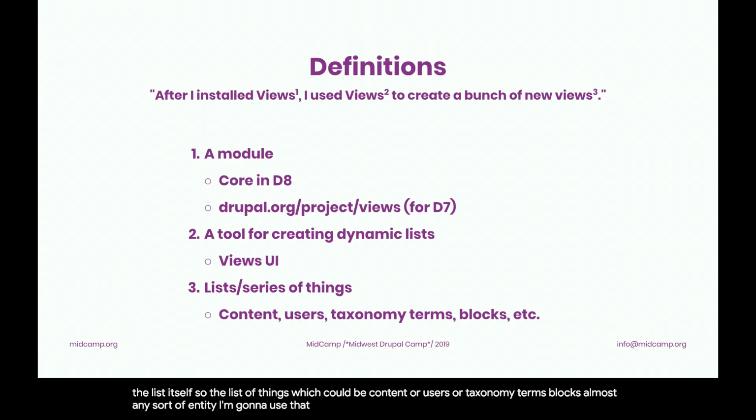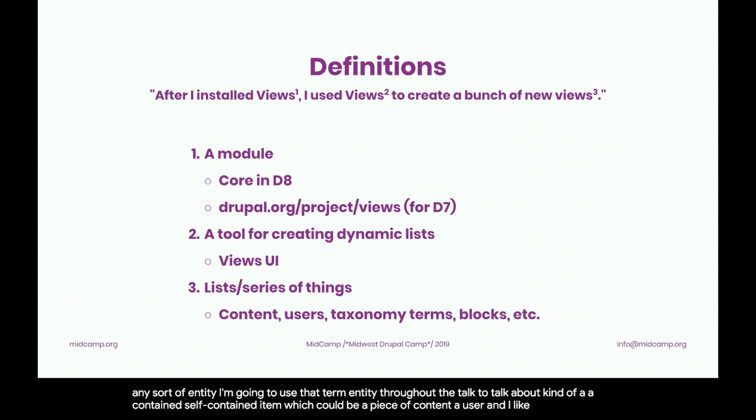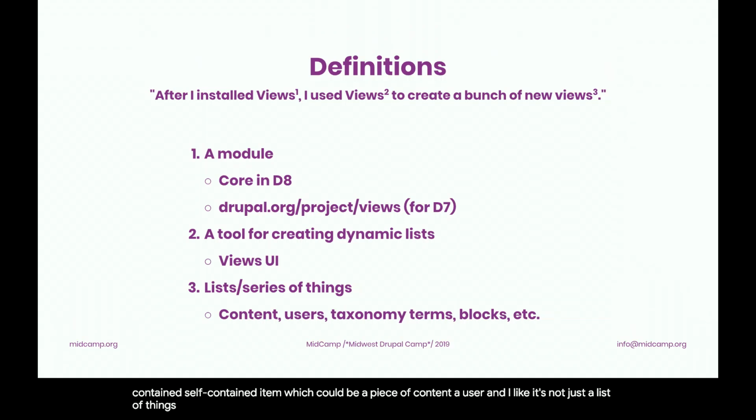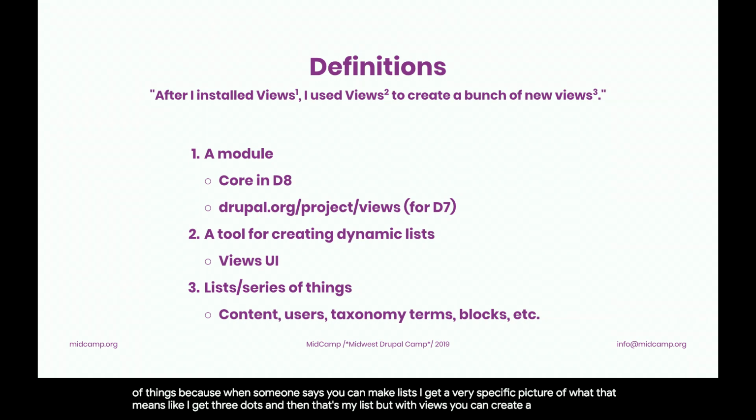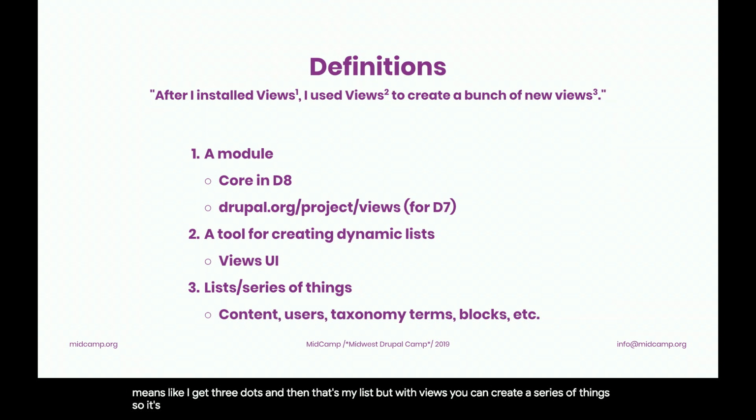I'm going to use that term entity throughout the talk to talk about a self-contained item, which could be a piece of content, a user, etc. And I like to say that it's not just a list of things, because when someone says you can make lists, I get a very specific picture of what that means. Like, I get 3 dots, and then that's my list. But with views, you can create a series of things. So any number of things in some sort of order.